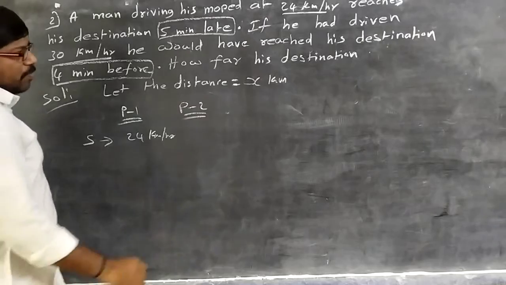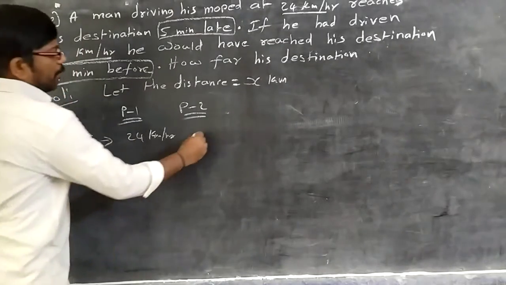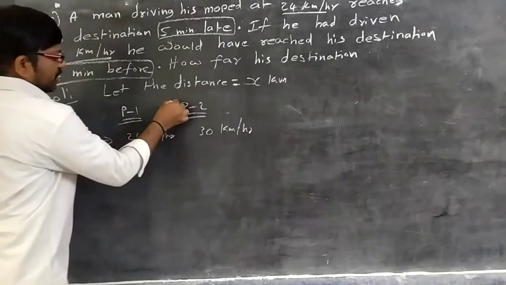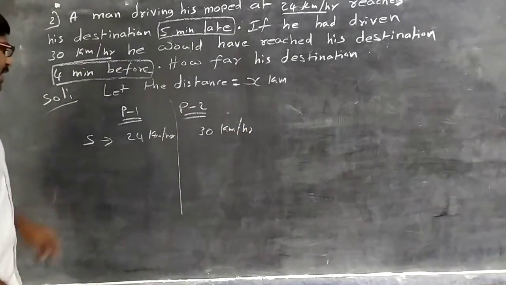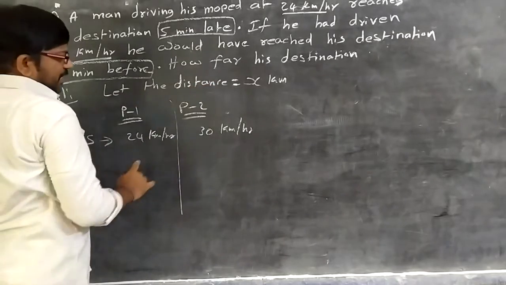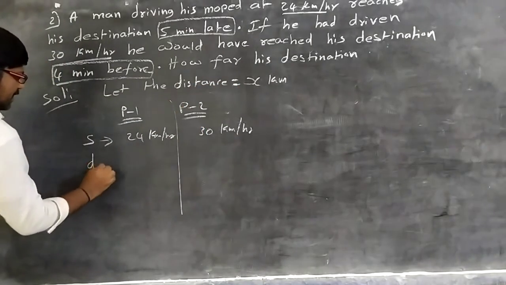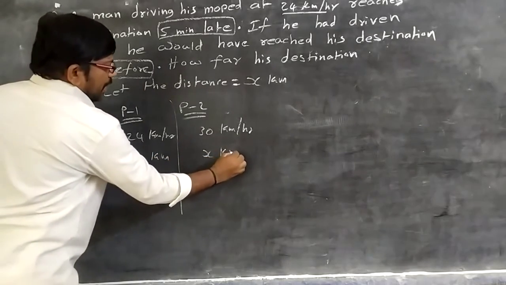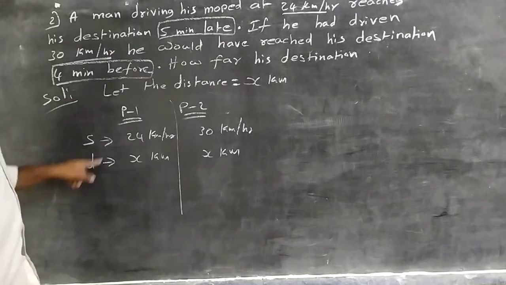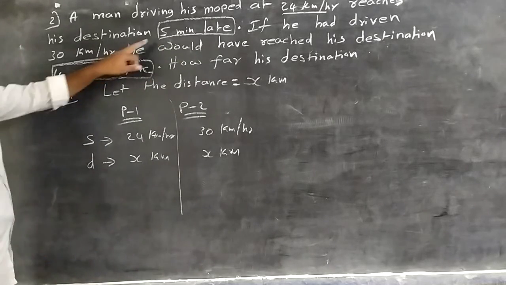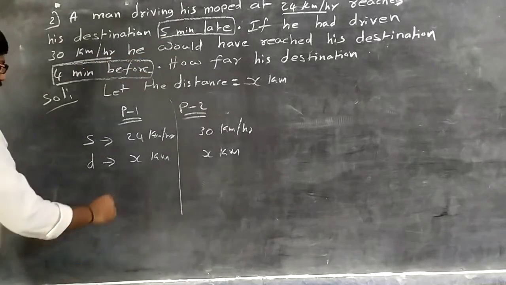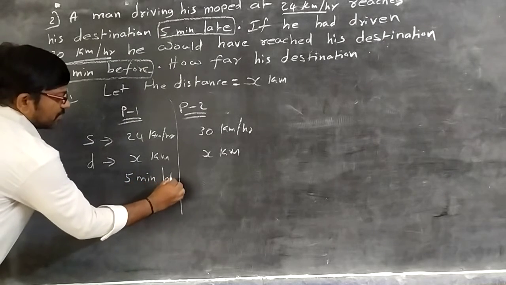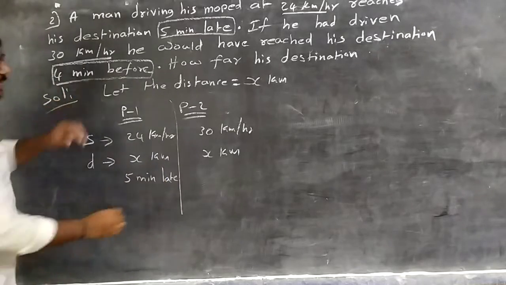In part 2, the speed is 30 km per hour. The distance is the same common distance, x kilometers. Here the time is 5 minutes late, and here 4 minutes before.